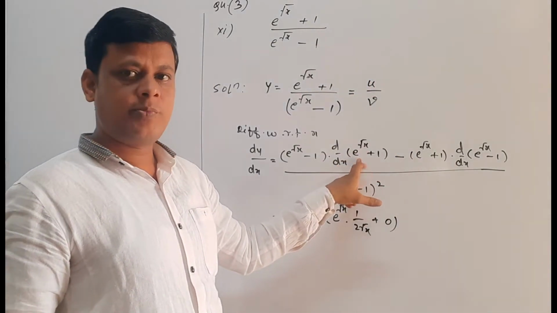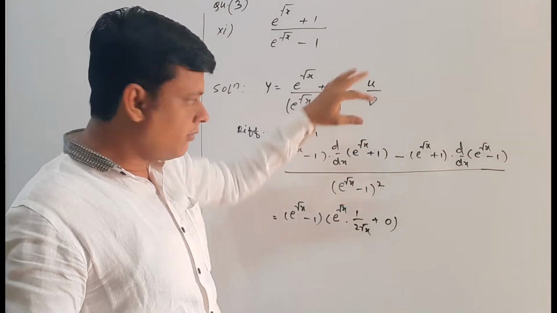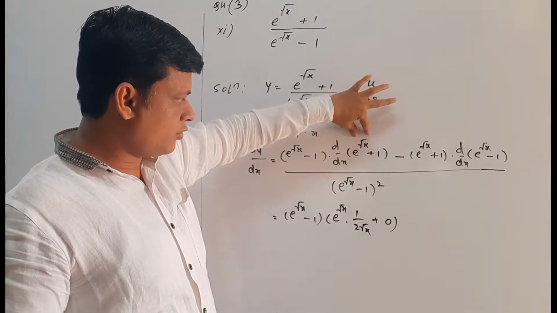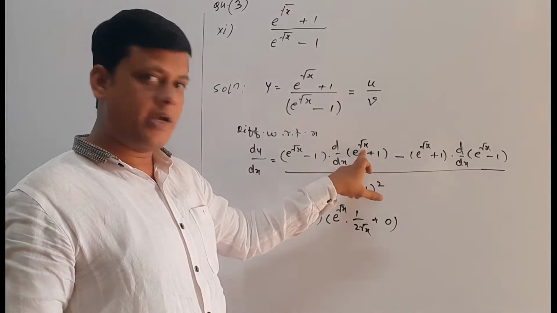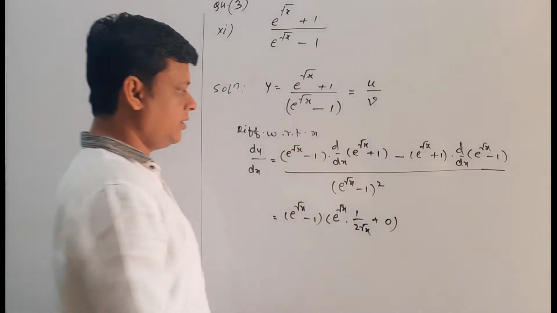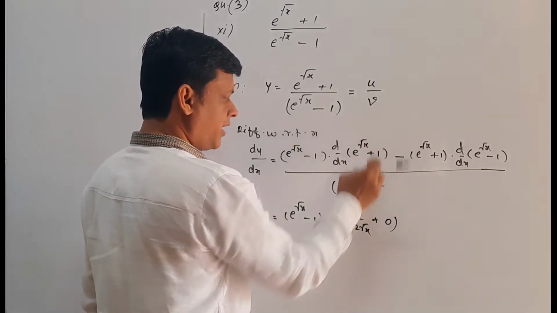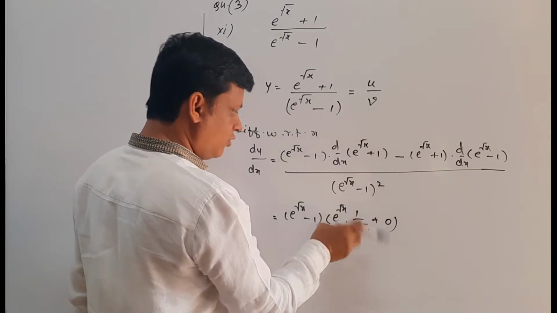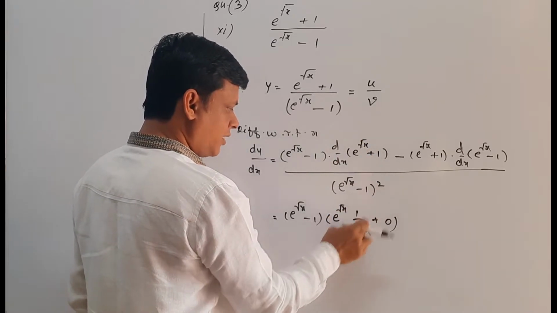The derivative of e raised to the power x is e raised to the power x, but here instead of x the value is root x. So we have to find the derivative of this root x. That means this e raised to the power root x is a composite function. So we write e raised to the power root x into the derivative of root x as 1 upon 2 root x.